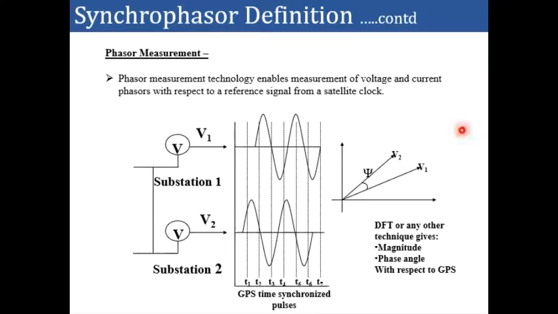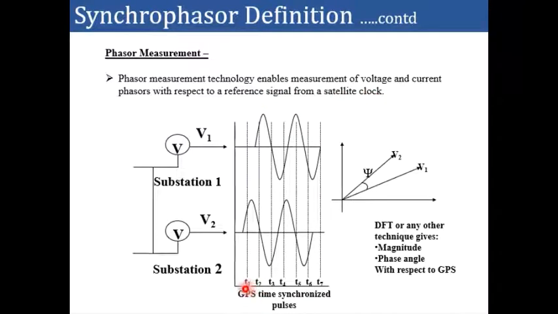Now let's see how we define the relationship in terms of phasor values for two different voltage measurements coming from two different substations. Here, phasor measurement can be defined as the technology which enables the measurement of voltage and current phasors with respect to a reference signal which we receive from the satellite clock.